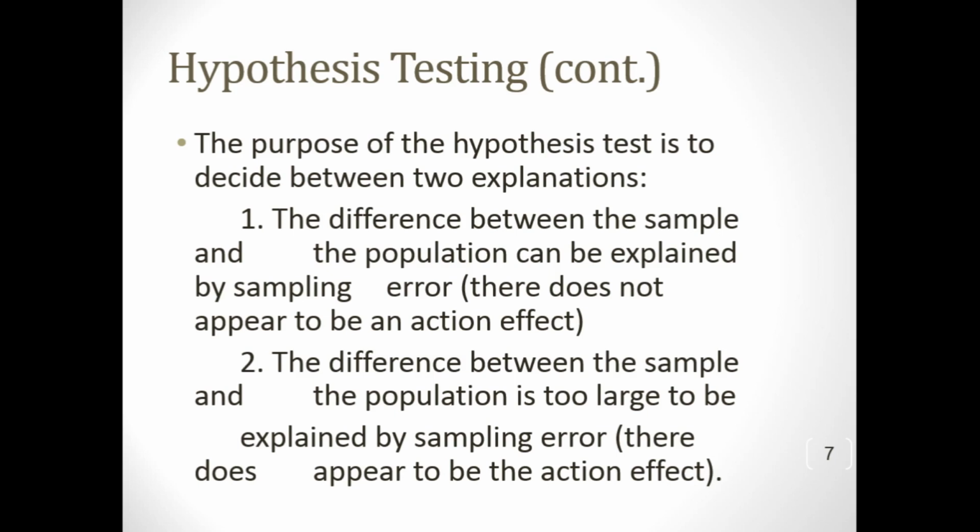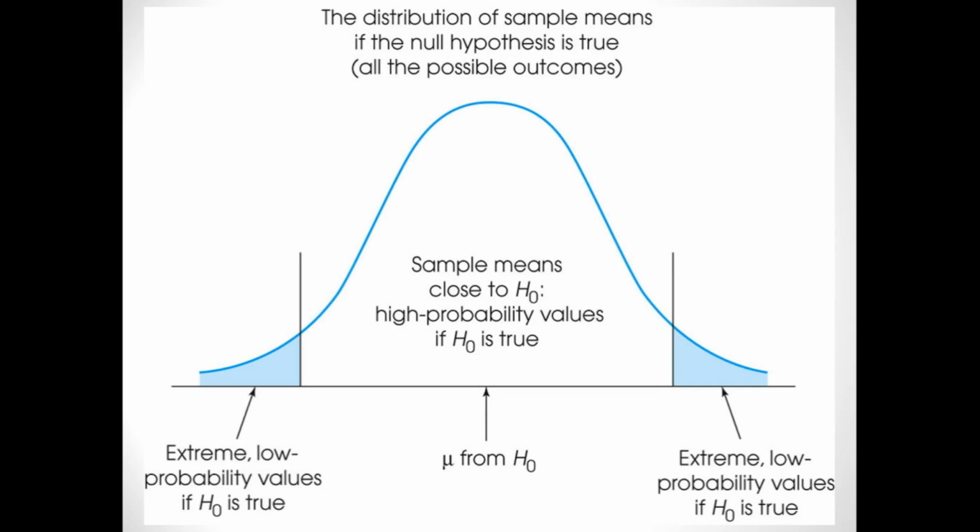This illustration shows you a distribution of the mean of our population, and in the hypothesis test it will be necessary to use extremely low probability values if H0 is true. The distribution of the sample mean, if the null hypothesis is true, is shown in this graph in front of you.